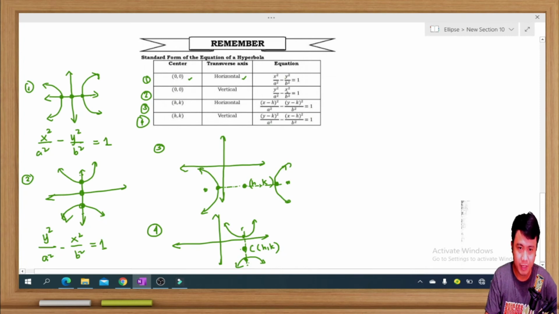Ang ating B squared ay nasa pangalawa, sa may negative, sa minus. Yan. I hope klaro po yun, walang problema. At mayroon din po tayong parang pattern kapag nauna si X, kasi positive nga yung numerical coefficient niya, horizontal po ang ating transverse axis. Pagka nauna naman si Y, vertical po ang ating transverse. Ganun lang po.